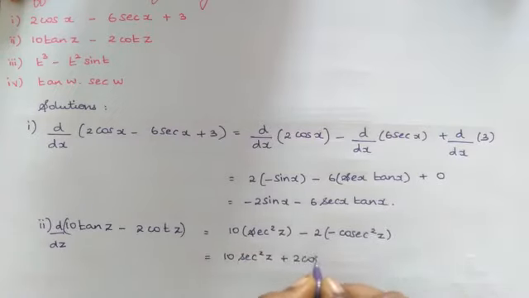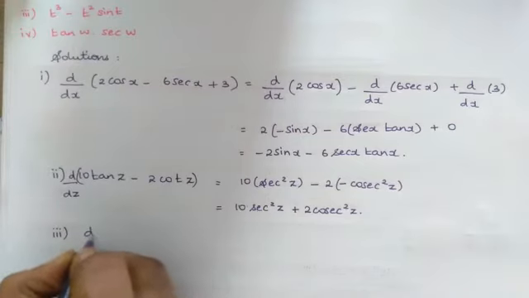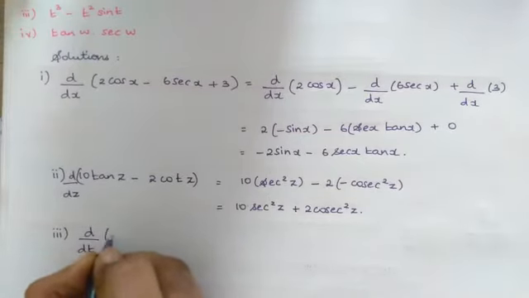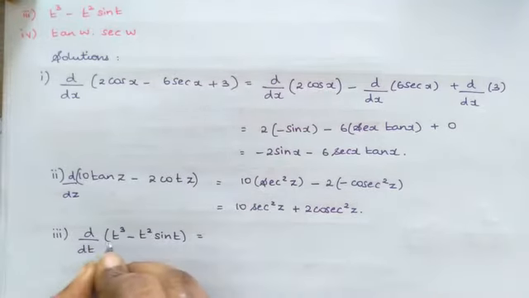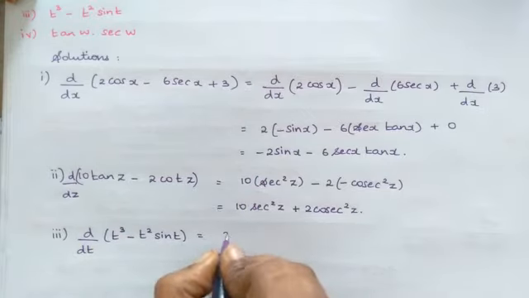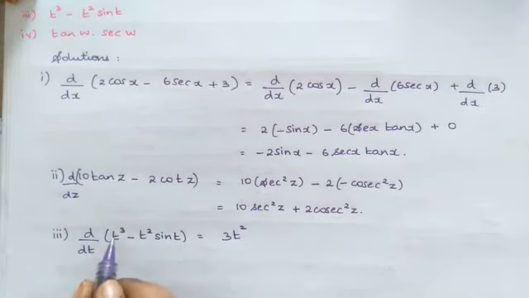Third sum: t cube minus t square sin t. We are going to differentiate with respect to t here. Again it is a polynomial. Each term must be differentiated. First differentiate t cube. This will be 3t square. That is, x power n gives n x power n minus 1, the same pattern: 3 into t power 3 minus 1, that is 2.